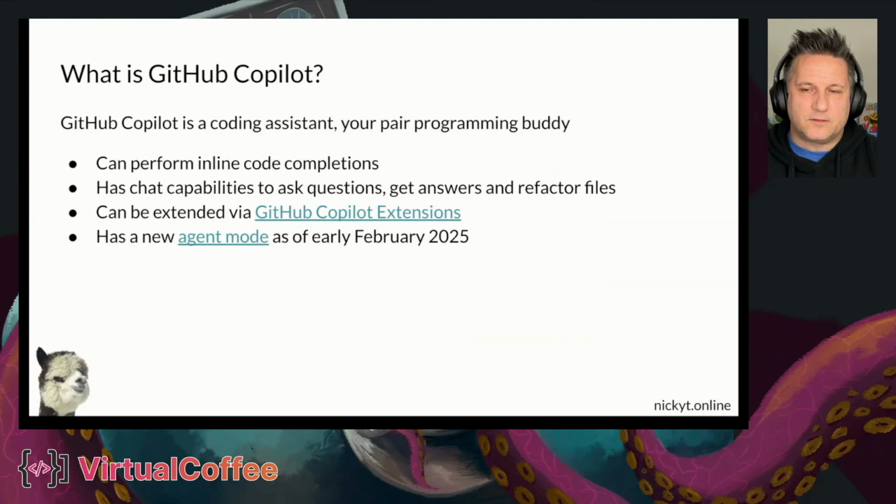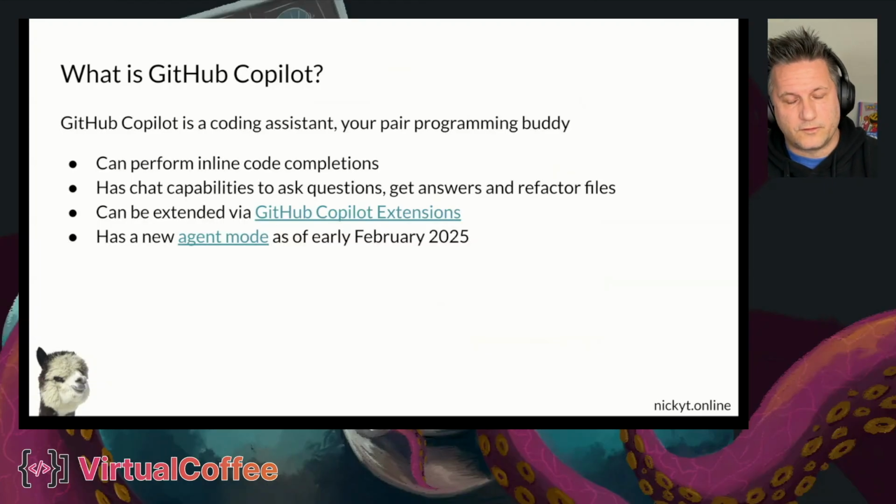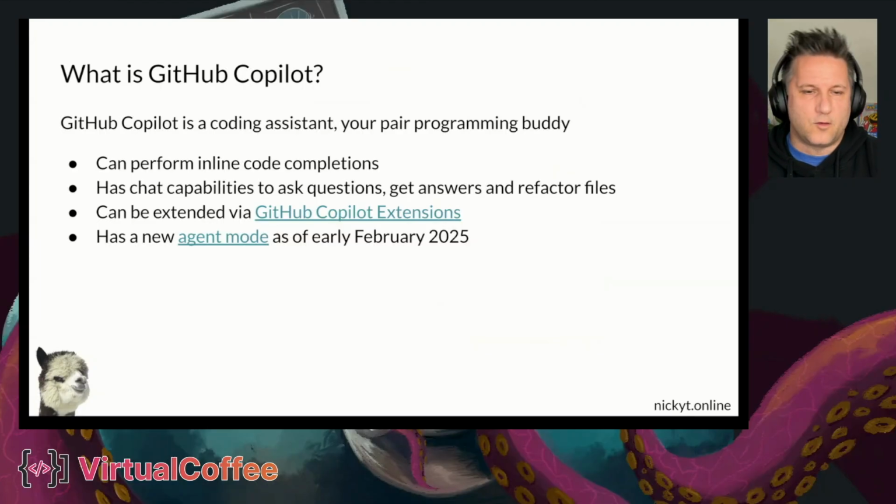There are capabilities to ask questions, get answers, and refactor files. And it can be extended via GitHub Copilot extensions, which we'll dig into shortly. It also has a new agent mode as of early February 2025. So if you've used Cursor or Windsurf, something like that, it can just keep working on stuff. You ask a question, it fixes something, and it keeps going on its own.